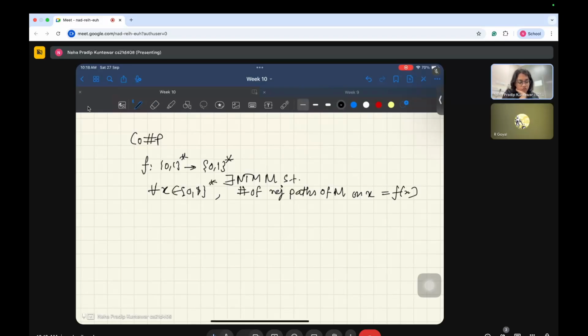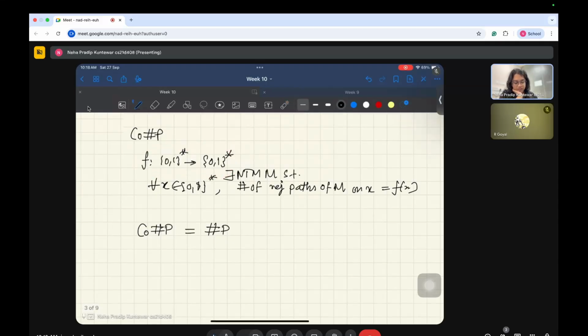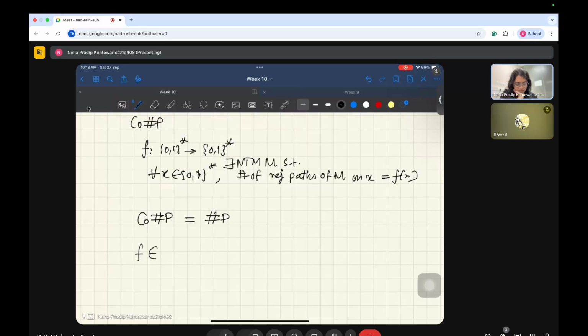Notice this class will coincide exactly with sharp P, because if f is in sharp P, then there's a non-deterministic machine M such that f of x is equal to the number of accepting paths of M on x.